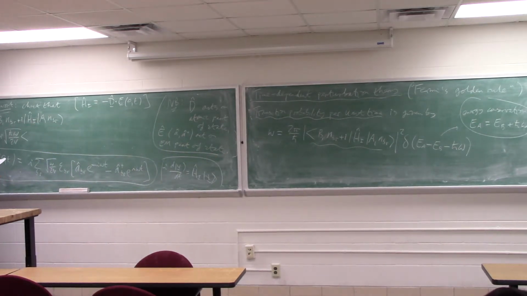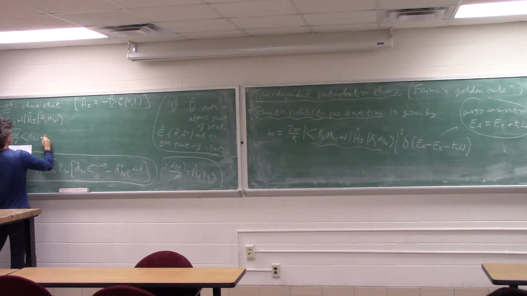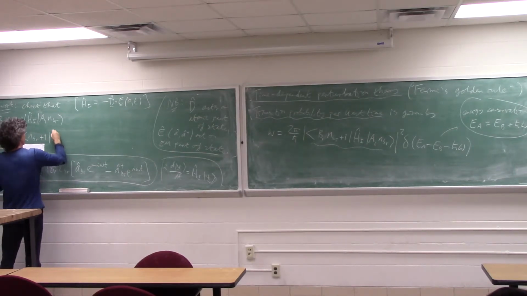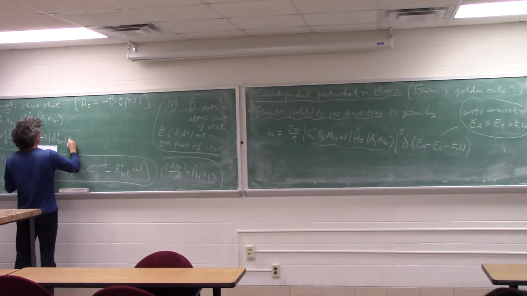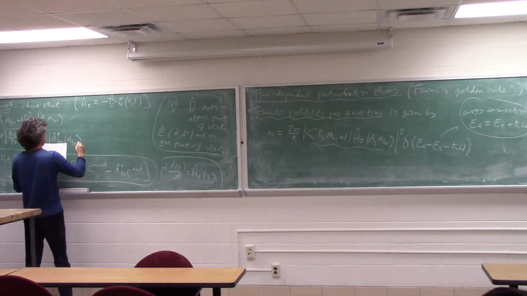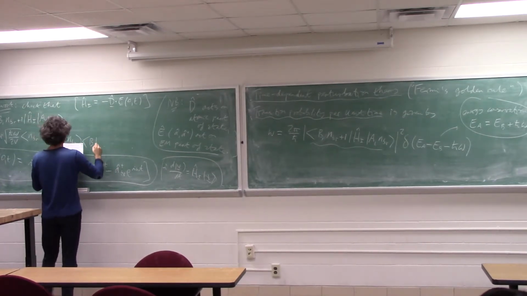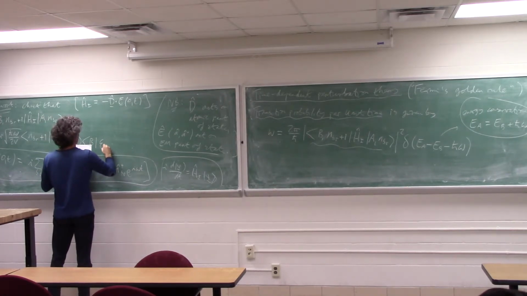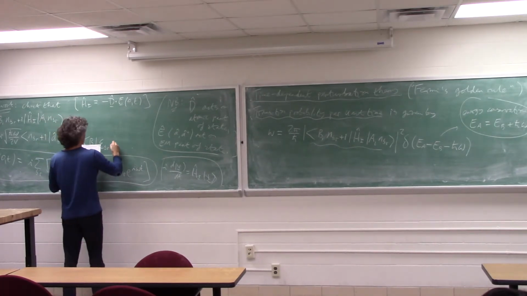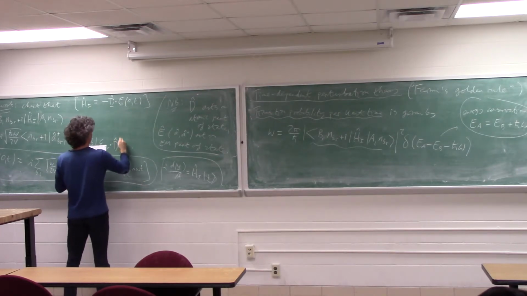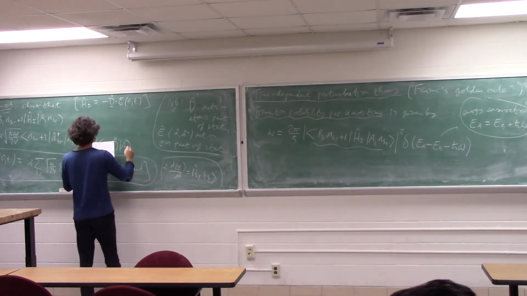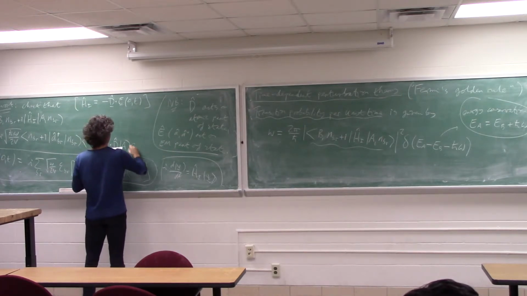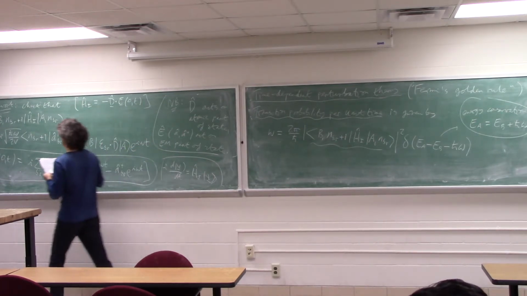So this comes out to be n_kr plus 1, a hat dagger kr, n_kr, times B, epsilon kr dotted, times e to the i omega t.